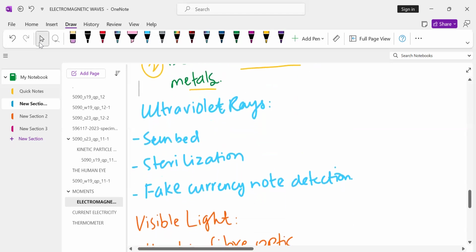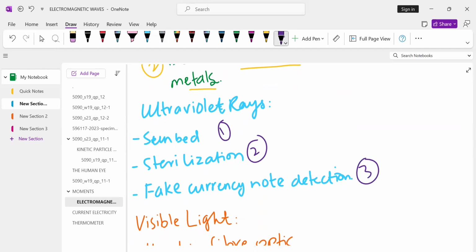Then we have ultraviolet rays. Ultraviolet rays are used for three things. First one is sunbed, second is sterilization, and third is fake currency note detection. So usually the question of sunbed comes in P1, where four options are given, one of them is sunbed and three are others.